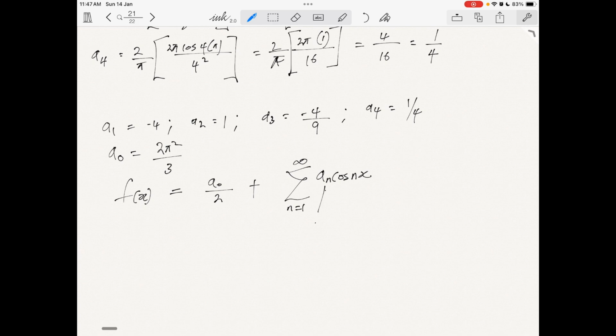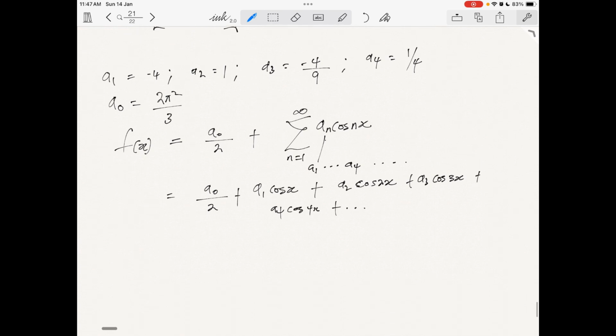Now we can write down to a4, and this will give us a0 over 2 plus a1 cos x plus a2 cos 2x plus a3 cos 3x plus a4 cos 4x.